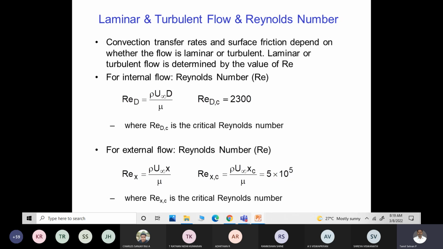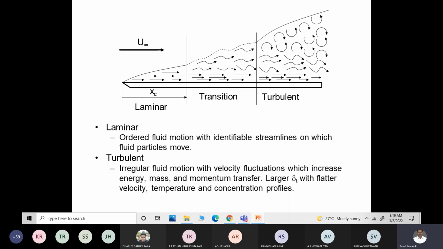Try to go through the solved examples. In Rajput there are so many solved examples. You should know about laminar flow and turbulent flow; you might have discussed them already. Ordered fluid motion with identifiable streamlines, along which fluid particles move in a very streamlined manner, is said to be laminar flow.